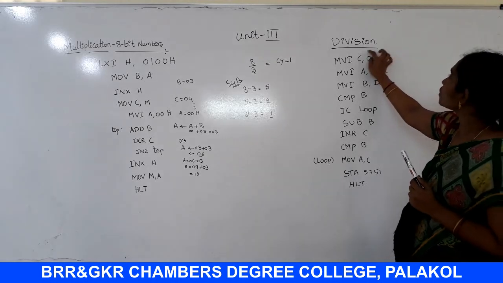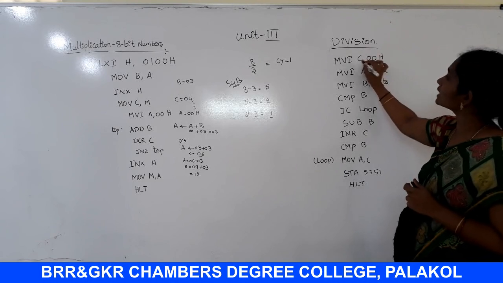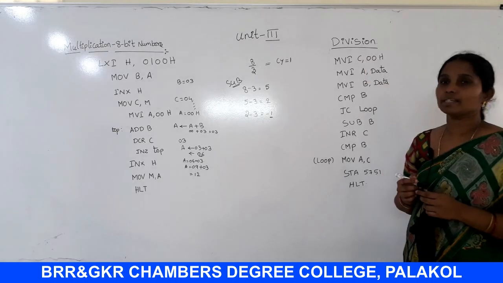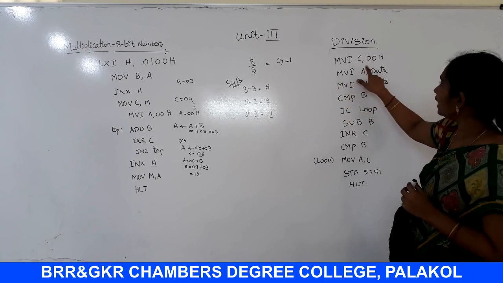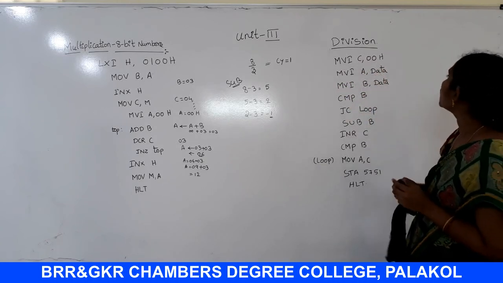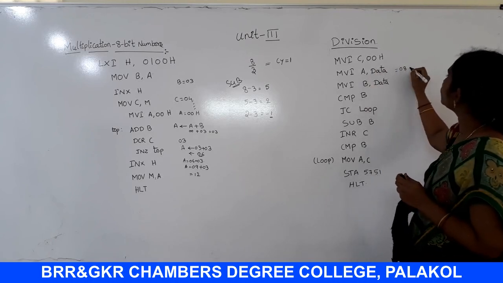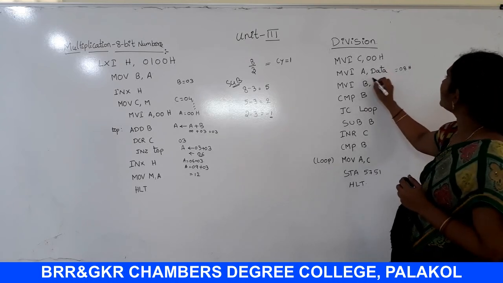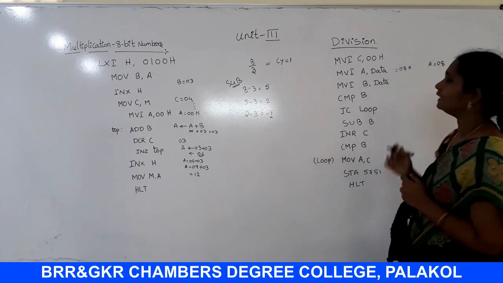Whatever the data is, it is moved to C. Here C is used for counting purposes. The next one is MVI A, data. Here also the data is used directly, for example 80H. This data is moved to the accumulator, that is 08.